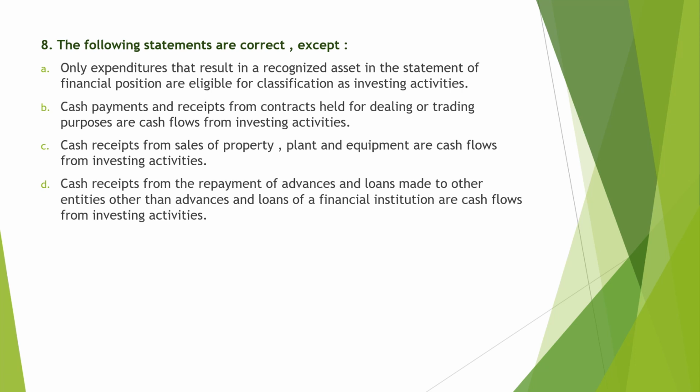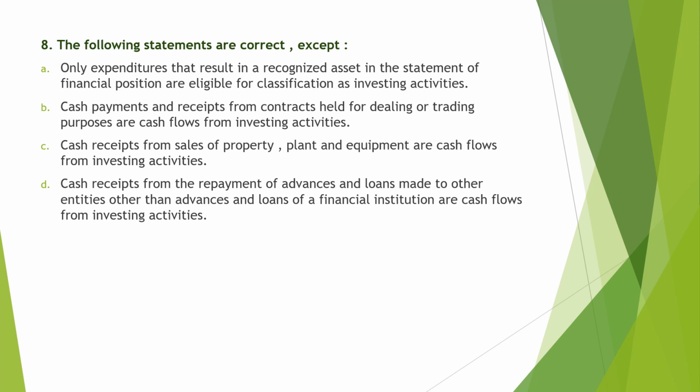Ano pala yung investing activities? Yan yung mga activities na about sa pag-invest ni entity sa long-term asset or long-term investment. So, therefore, dapat meron tayong na-recognize na asset. Either investment or machinery or property or meron tayong dinesposed. Meron tayong binenta na asset. So, again, letter A is correct.